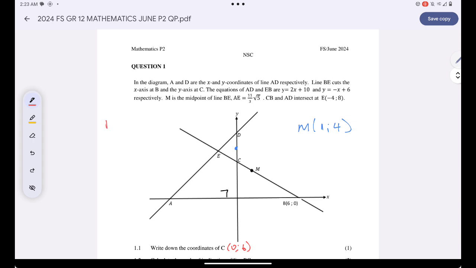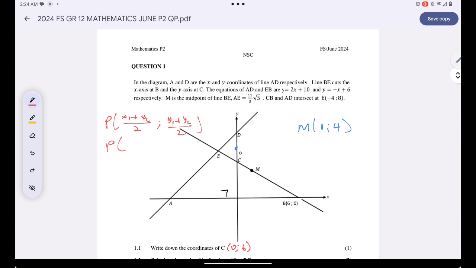Let's call it point P. Point P will be that center, and we'll say it's x1 plus x2 all over 2, y1 and y2 all over 2, right?